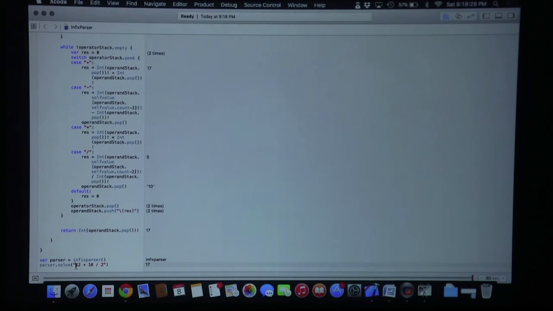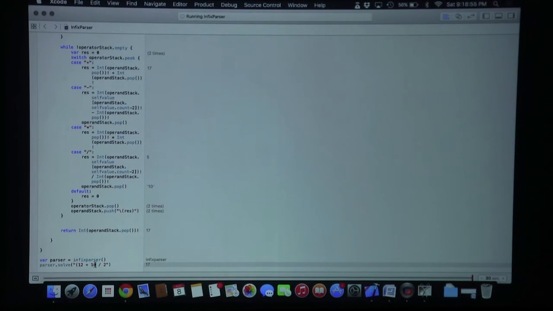However, if I put brackets around 12 plus 10, it will give us 11. And this is the correct answer because 12 plus 10, that's 22 divided by 2, that should be 11. However, if we do it this way, it's going to be 12 plus 10 divided by 2, and 10 divided by 2 is 5, so 12 plus 5, which is 17, which is the correct answer as well. So the brackets in this case do make a difference, and that's how they work.